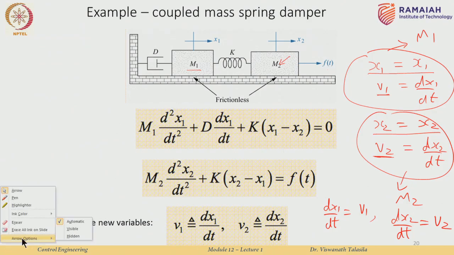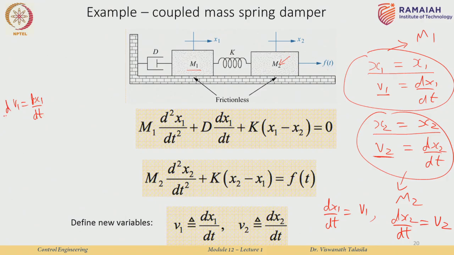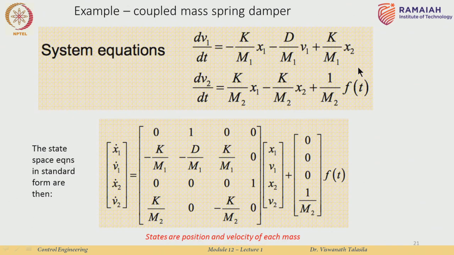We saw that v1 is equal to dx1 by dt, and now I am looking at dv1 by dt, so it is nothing but d square over here, and I can rewrite this expression as we have done before and then derive these terms for dv1 by dt.